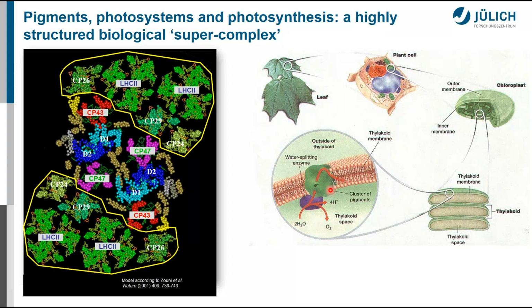But even if we zoom a little bit further into these pigment clusters, those pigments, which you see here as a 3D representation of the pigment structure of one photosystem, this pigment structure is pretty complex.